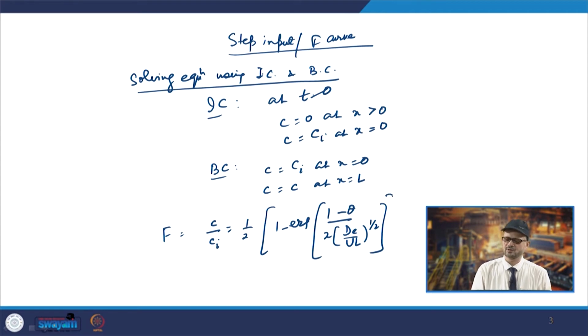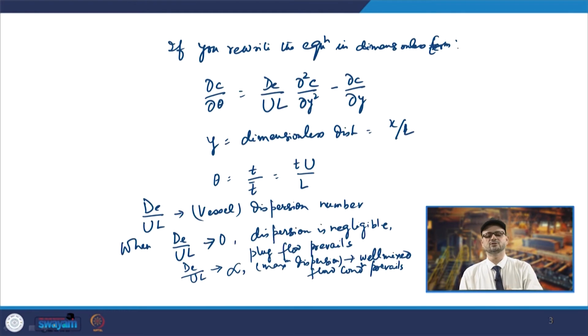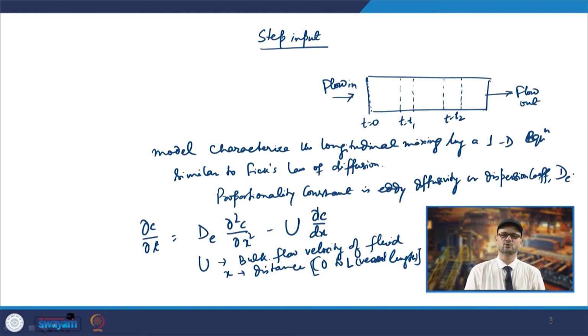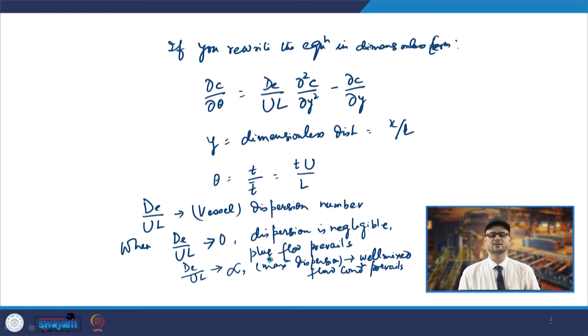This becomes the value of F when you solve that concentration equation, that was dou C by dou t equal to dE times dou squared C by dou x square minus u times dC by dx.